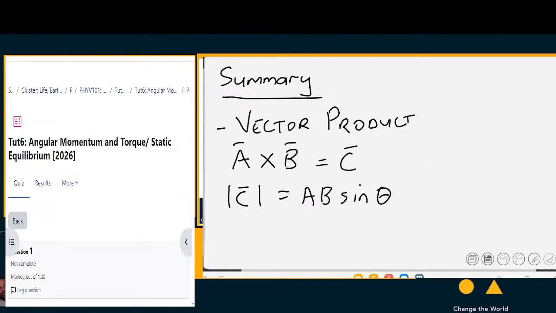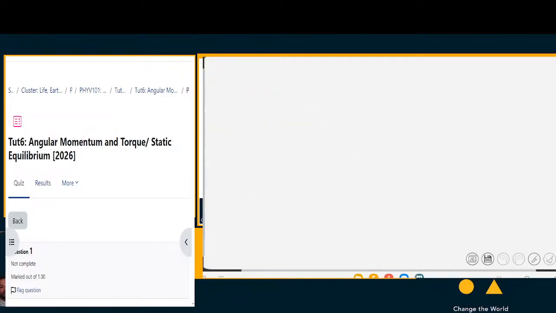Now let's get down to what is actually needed. We've already done the vector product. So angular momentum. What is angular momentum?